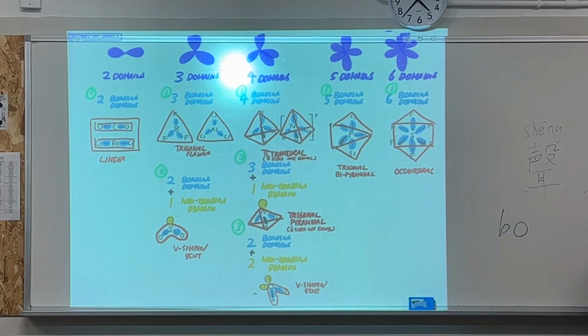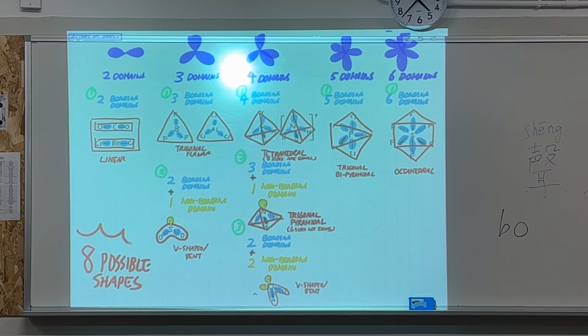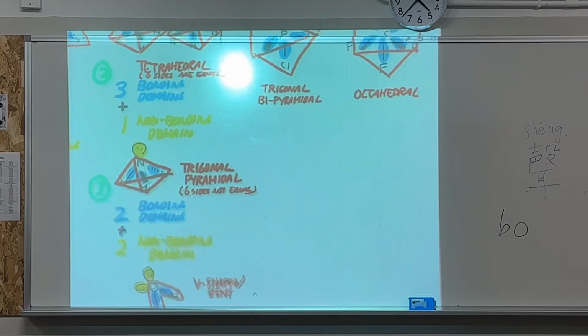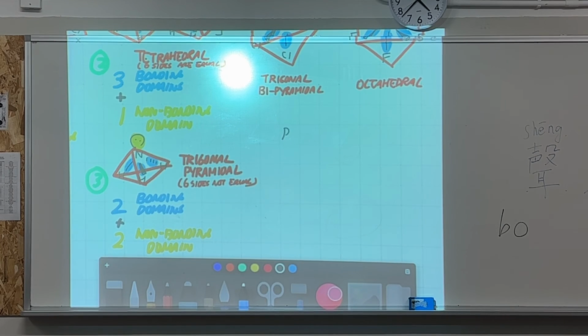Okay? So I have a simple task for all of you tonight. Use this page, write down the 8 possible shapes in DSE. So use this page to predict the shape.